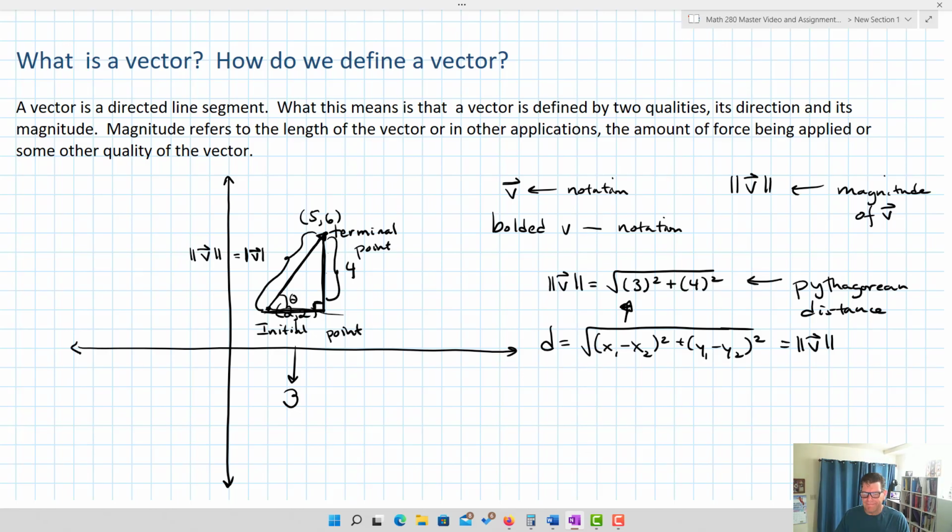Well, here's a question. Are there other directed line segments in space that in fact have the same exact magnitude and the same exact direction as this vector, from (2, 2) to (5, 6)? And the answer is yes, there are.